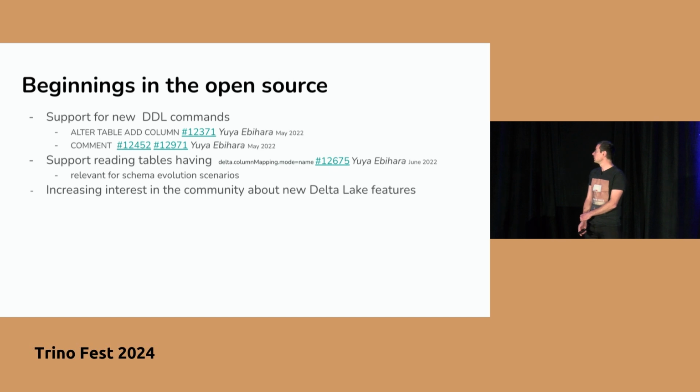One limitation that the Delta Lake table format had was that you could not rename a column or drop a column, which they addressed in a subsequent version of the Delta Lake table format, and we've added support for this feature, being able to do schema evolution scenarios, to read tables which are ready for schema evolution. And we actually noticed a high increase of interest, so people reporting bugs and feature requests on the connector.